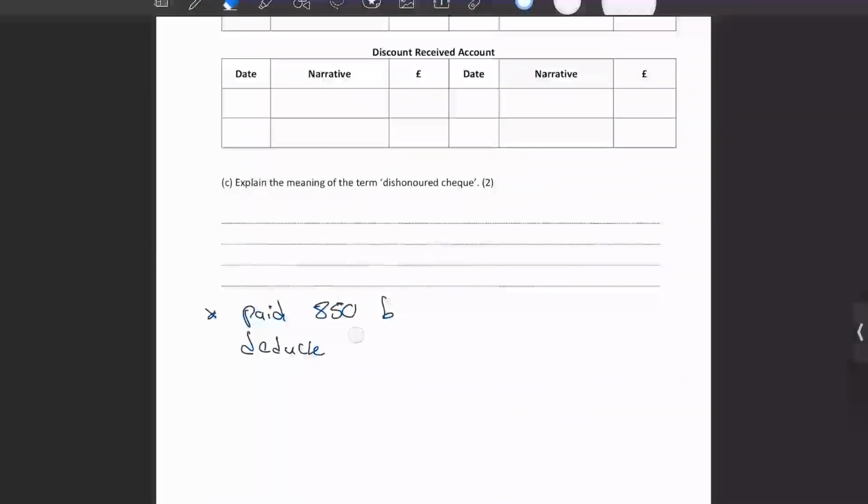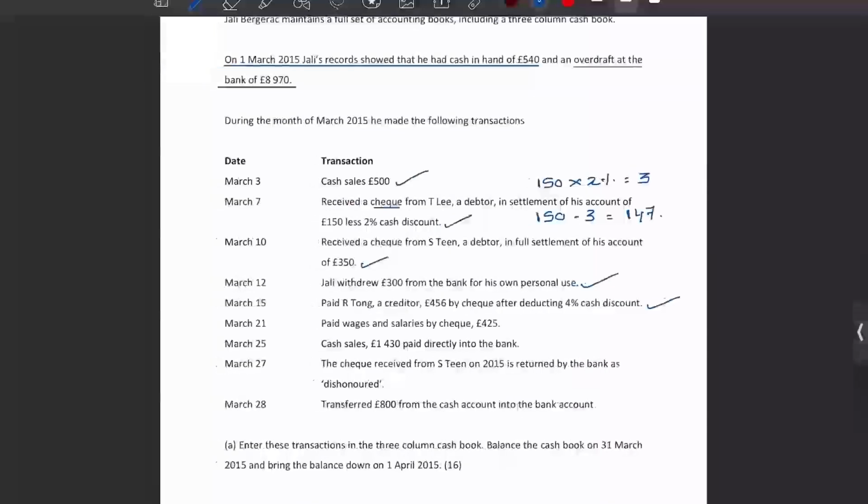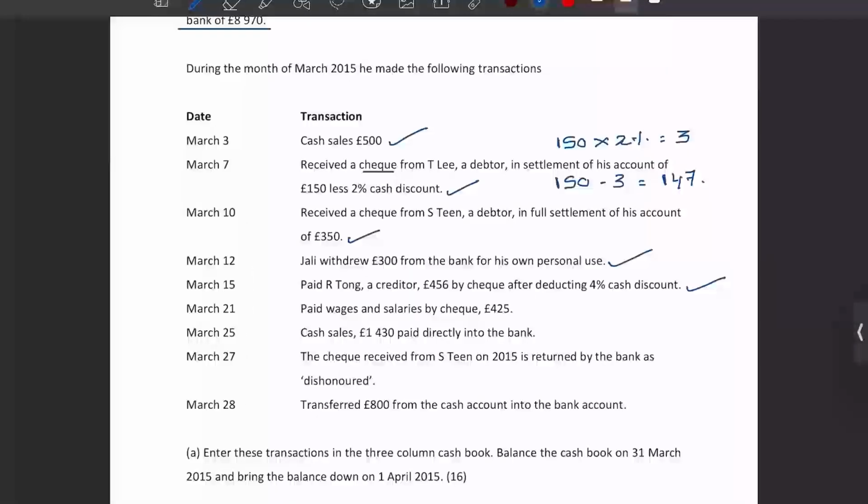To do this, when they give you the paid amount, now read this part. Paid to a creditor 456 by check. You have paid 456 by check after deducting a 4% discount. You can't get a decimal answer.